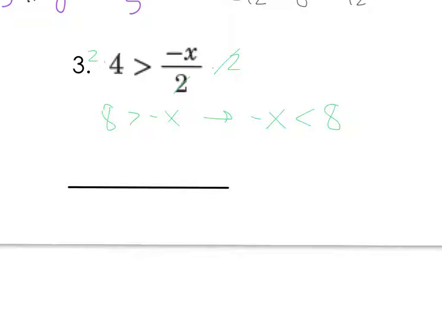Now I cannot have a negative variable here, so that's like a -1 times x. So to get rid of a -1 times x, I'm just going to divide by a negative. And when I do that, I flip the inequality symbol and get x is greater than -8. And I will graph this on my graph and plot 0, -8, and 8. I need everything greater than -8, so open circle at -8, shading to the right.